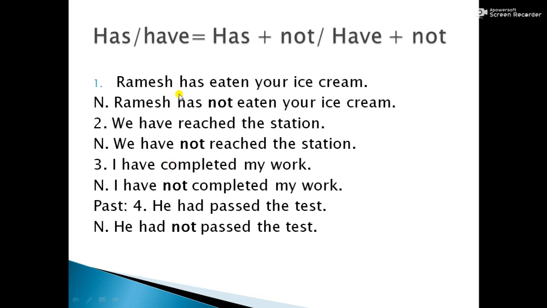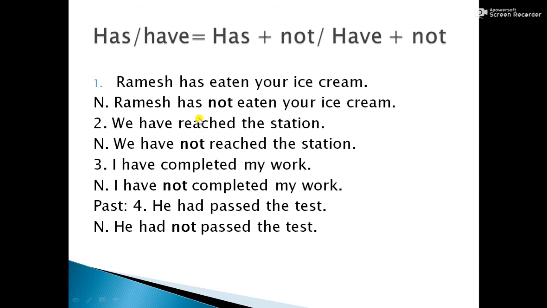When do we use has? When the subject is third person singular, then we use has as the helping verb, and in case of first person singular or first person plural or even second person singular, that is you, and second person plural again, that is you, we use have.